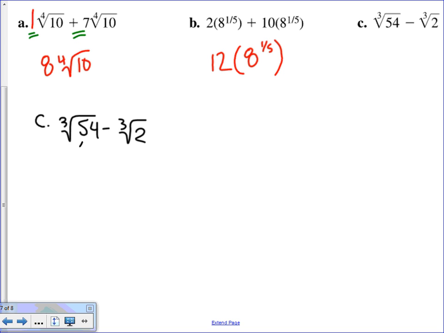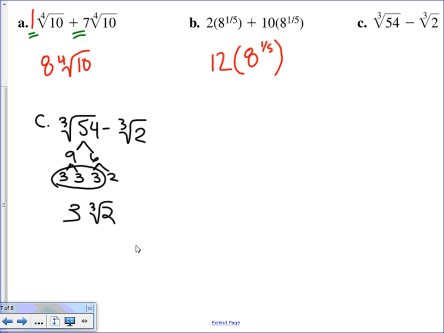What are some factors of 54? 9 and 6, cool. 3 and 3, 3 and 2. And since we're taking a cube root of 54, we need a group of 3 numbers. Got it. And then I'm going to still have a cube root of 2 left over. So the cube root of 54 is really 3 cube roots of 2.